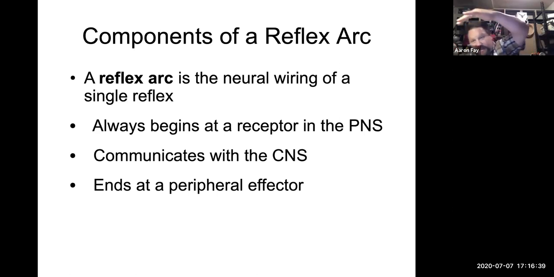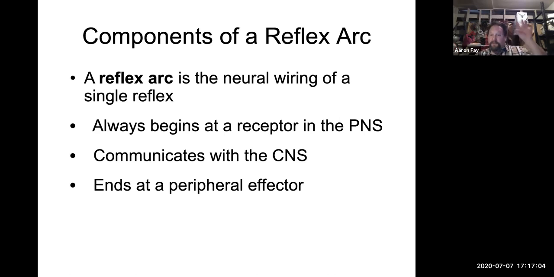Its axons have to project into the central nervous system, brain or spinal cord. There, it's going to have to interact with, at a minimum, one motor neuron in the central nervous system. The cell body of that motor neuron has to be in the central nervous system, and its axon travels out of the CNS, down the PNS to some sort of effector.